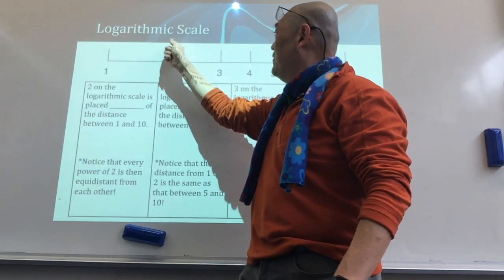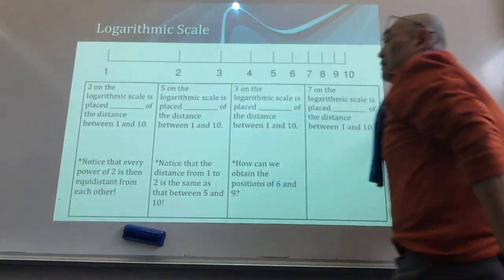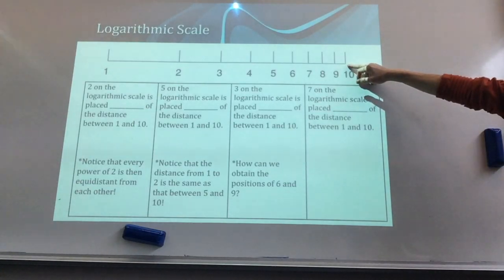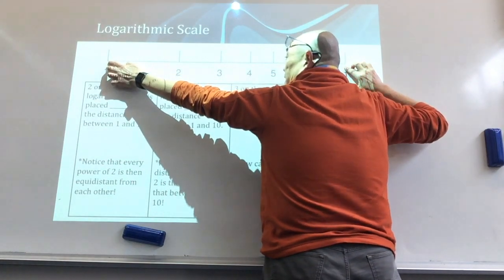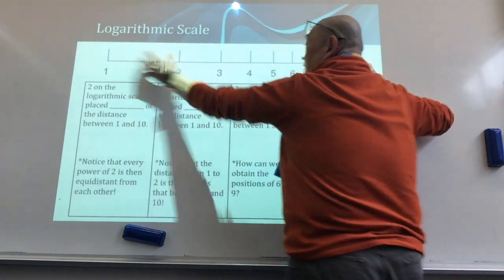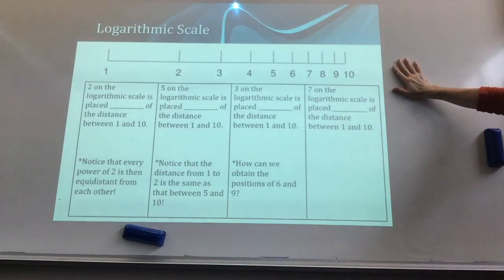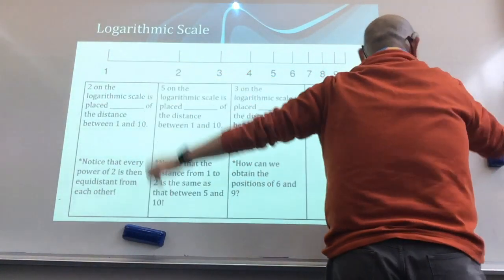So here, think about it: log 1 is 0. Log 10 is 1. Correct? Now, if that is 1 unit, what is the proportion of this in terms of 1 unit? Okay, let's take the log of 2.